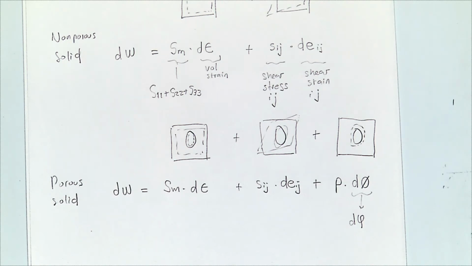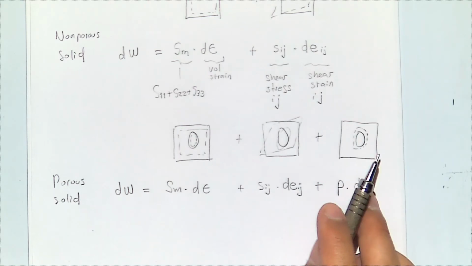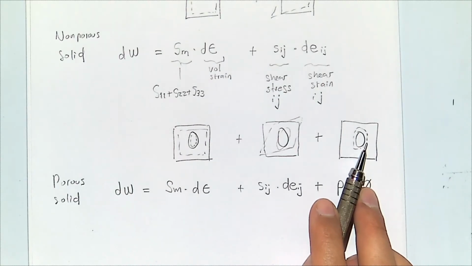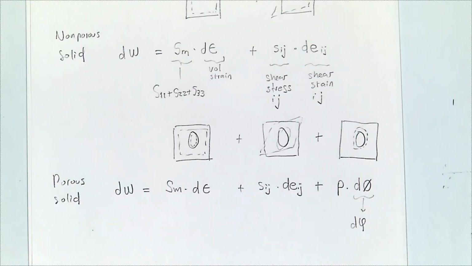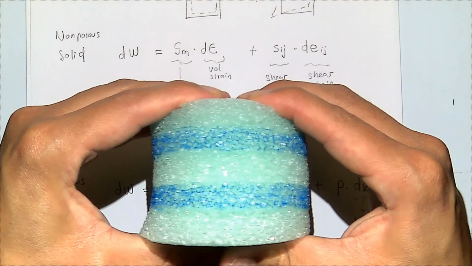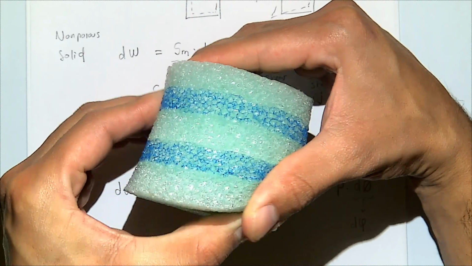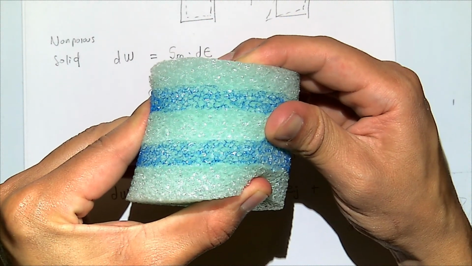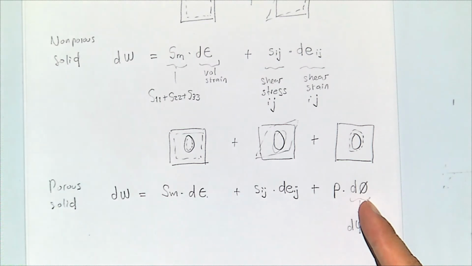So we're going to have one additional variable that is going to change the energy that this solid can hold inside. In my example, here I can make a volumetric strain. Probably I can do a shear strain by doing this, but I cannot do a change of pore pressure inside. But if I could do that with a fluid, that would go in this term.